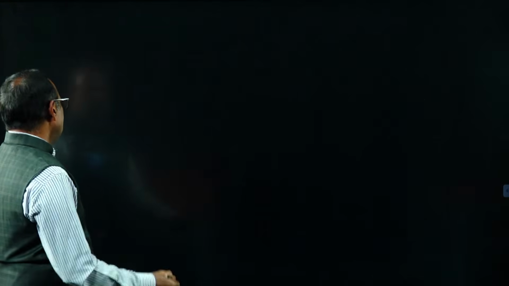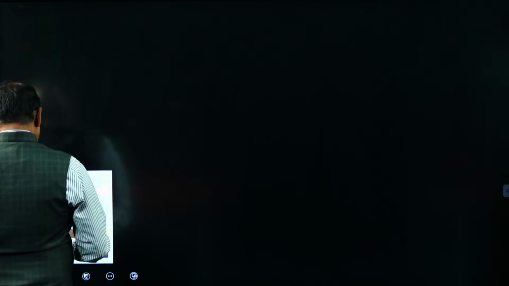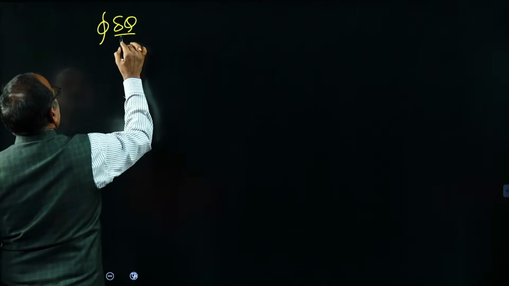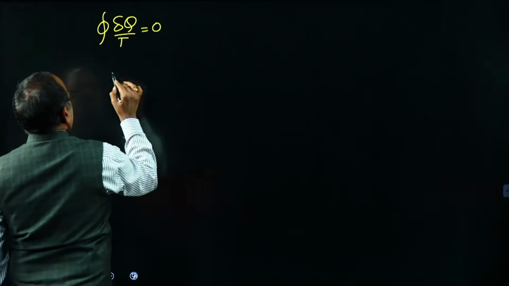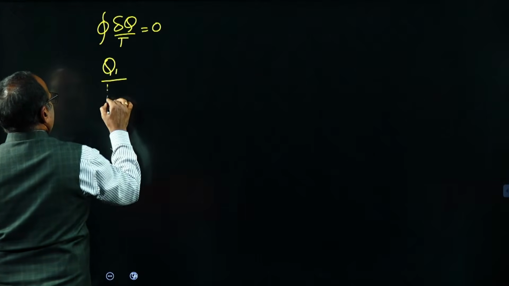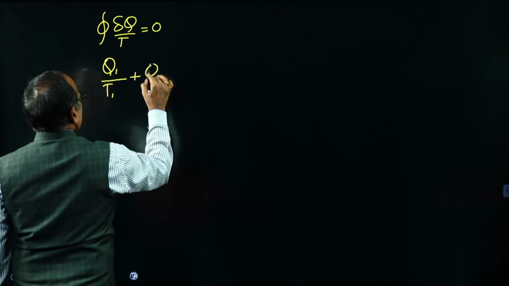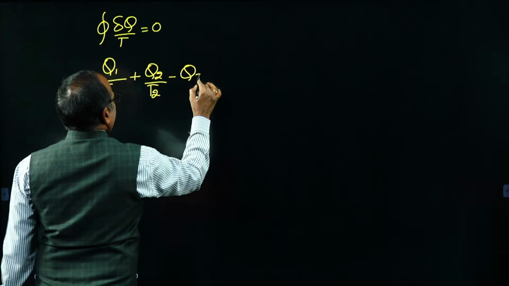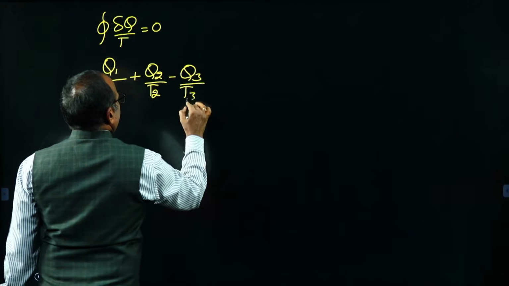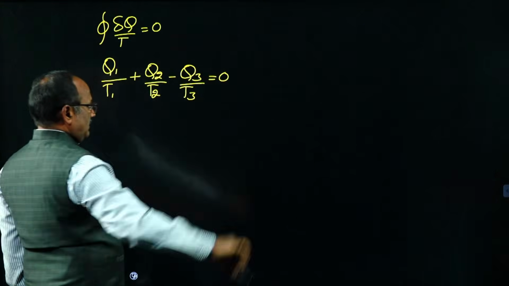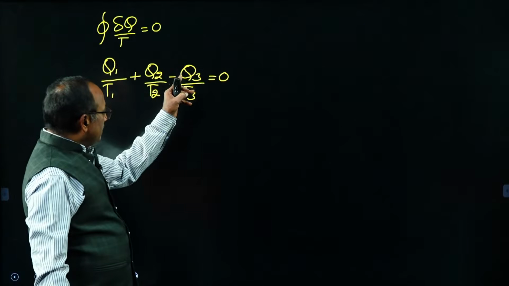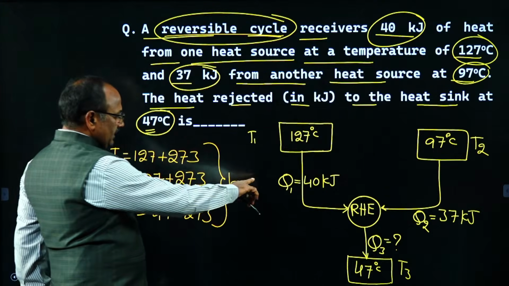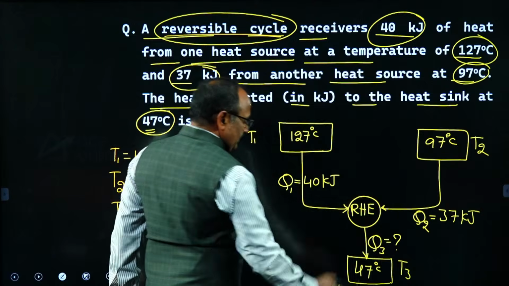Here, cyclic integral del q by T equal to 0 means Q1 by T1 plus Q2 by T2 minus Q3 by T3 must be equal to 0. The reason we have written minus Q3 is that Q1 and Q2 are the heats entering the heat engine.